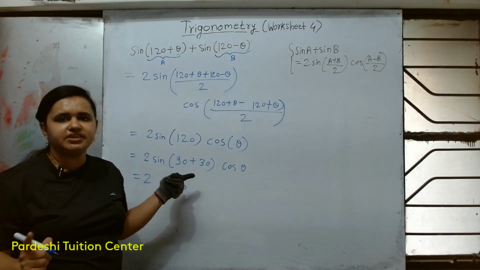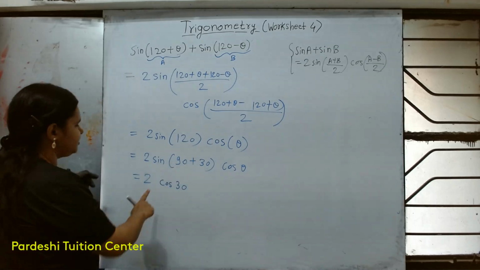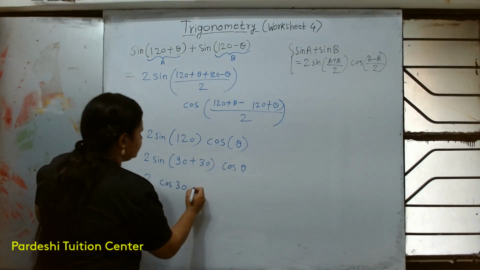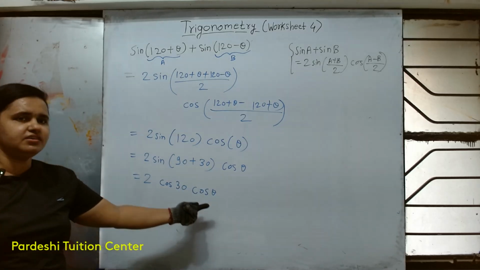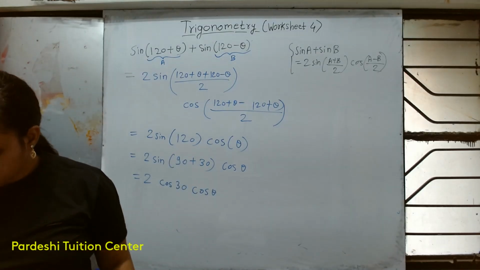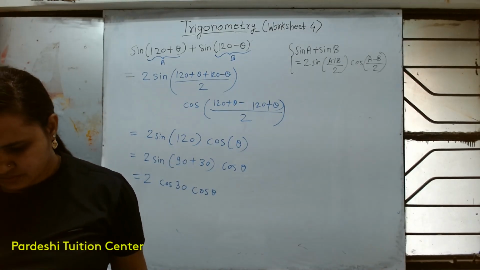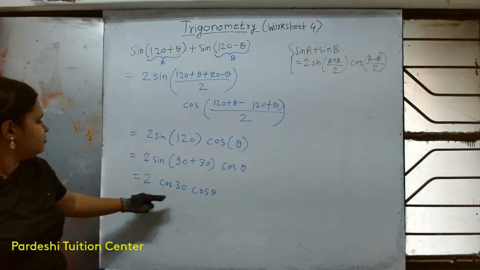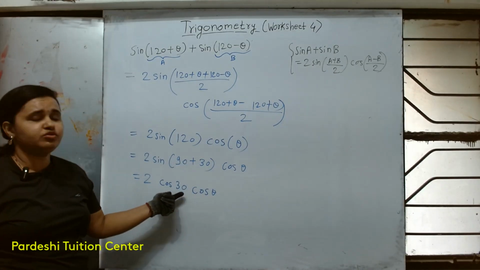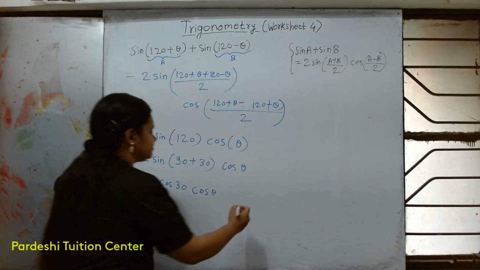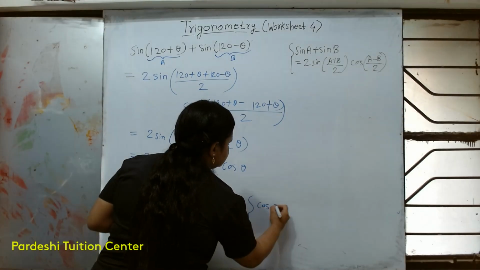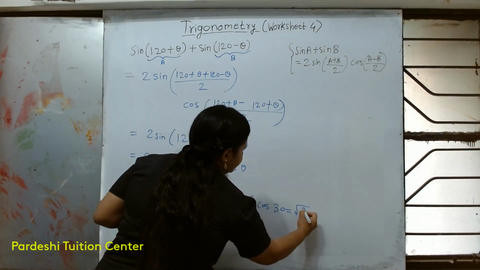In second quadrant sine is positive, so it will be positive into cos theta. So we have found 2 cos 30 cos theta. Now we have to put the value of cos 30. The value of cos 30 is root 3 by 2.